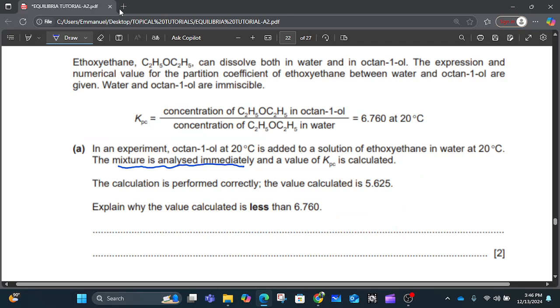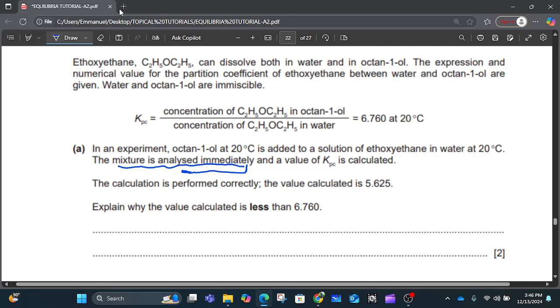When you want to calculate KPC value, after mixing your solutes and your two solvents together, you have to allow the mixture to settle for some time and allow equilibrium to be established before you can analyze the mixture and calculate your KPC value. But in this case, the mixture was analyzed immediately. That means equilibrium was not established.